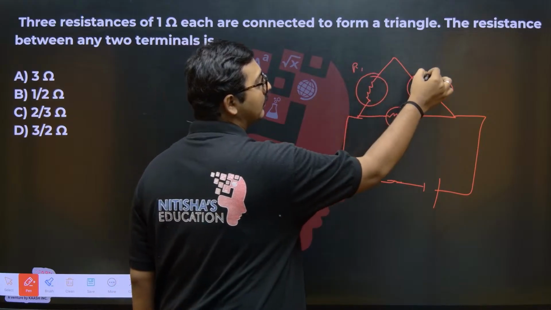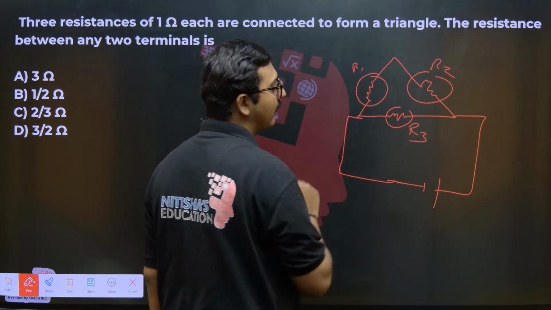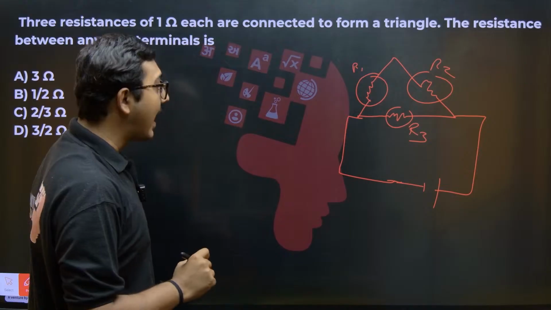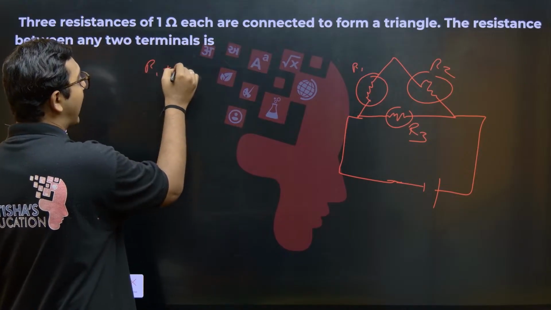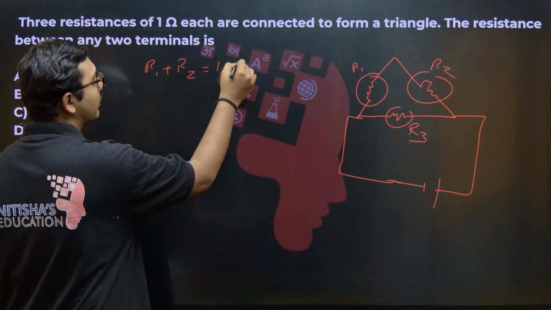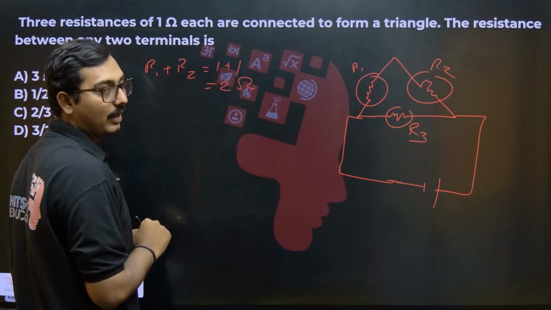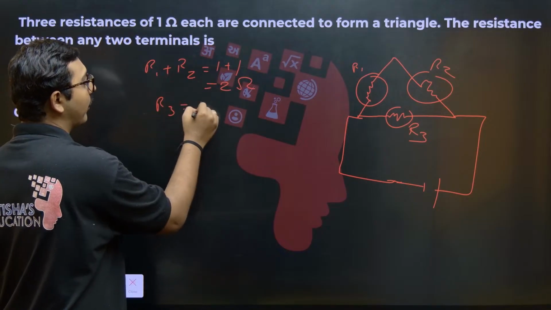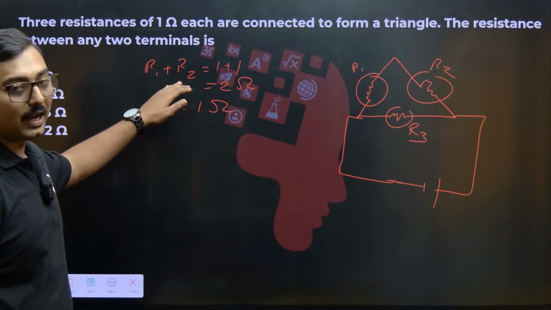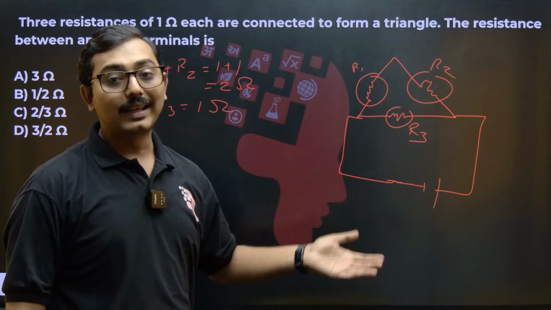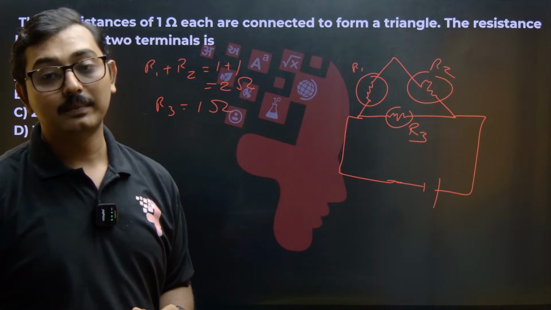So R1, R2, R3. For that, what can we say? Our resultant R1 plus R2 is equal to 1 plus 1, which is equal to 2 ohm. And R3 is equal to 1 ohm. But R1 plus R2, which is the new R, is in parallel with R3.